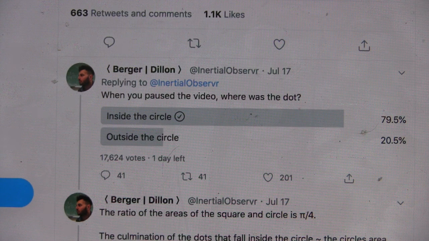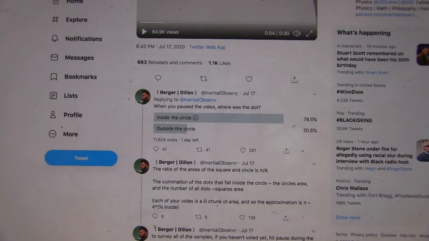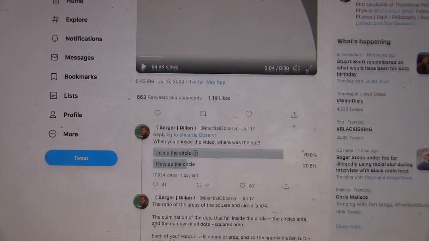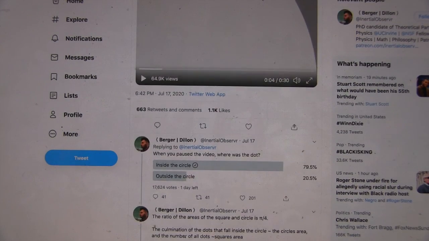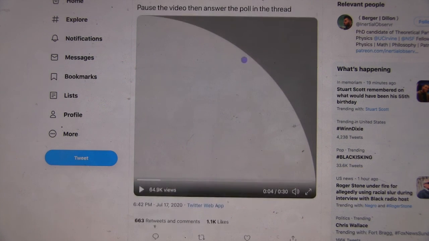All right, well, let's check. There's a calculator, actually. We're using that phone over there for the calculator. What is pi over 4? It's about 78.5. Okay, and so we're getting 79.5 in this simulation, or at least as of now with, what was it, 17,000 votes?